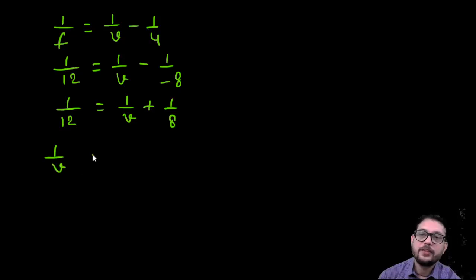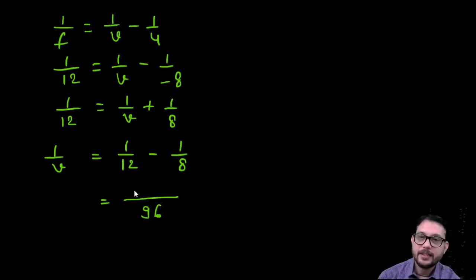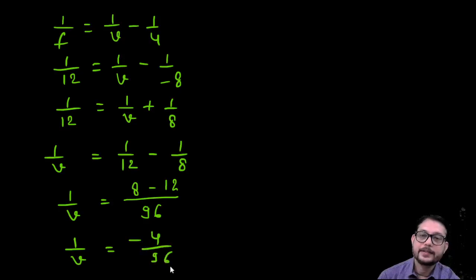Or 1 by v equals 1 by 12 minus 1 by 8. Now take the LCM, let's suppose 96, so it is 8 minus 12, and 1 by v equals minus 4 upon 96.